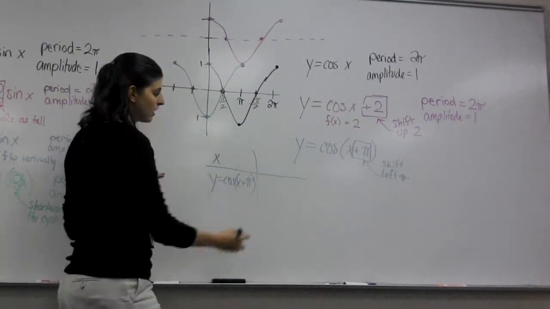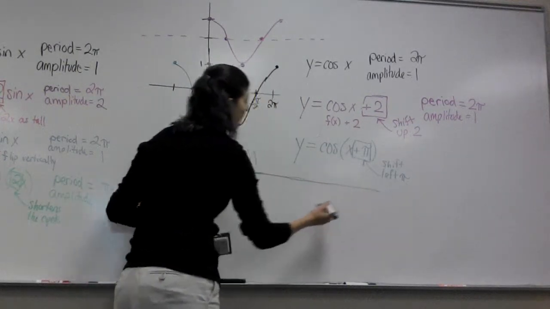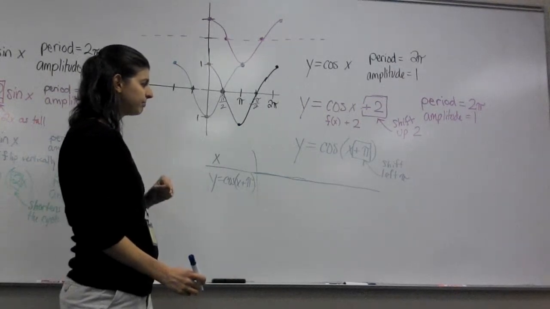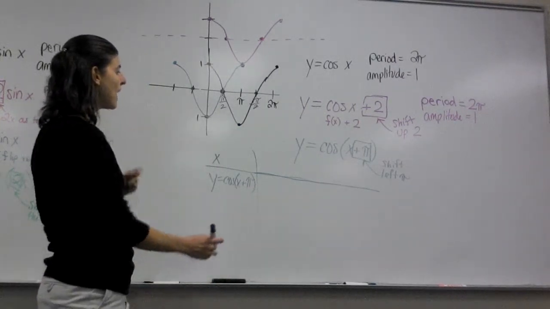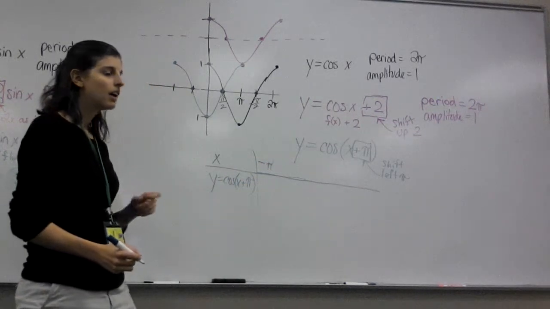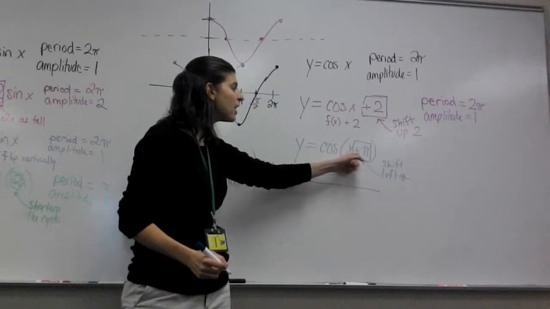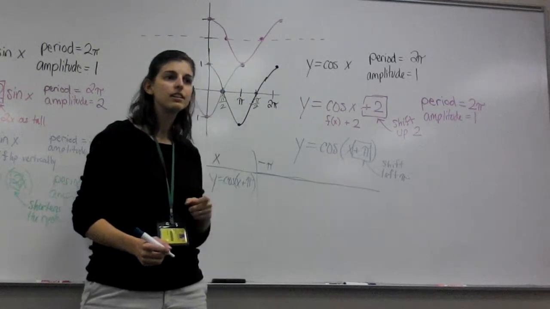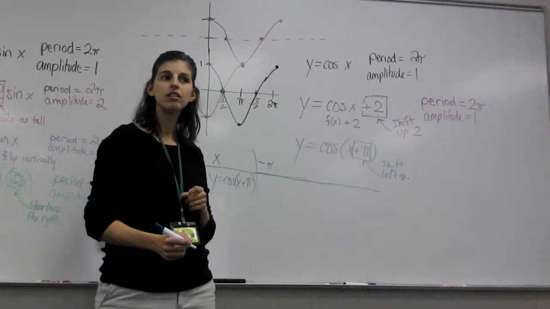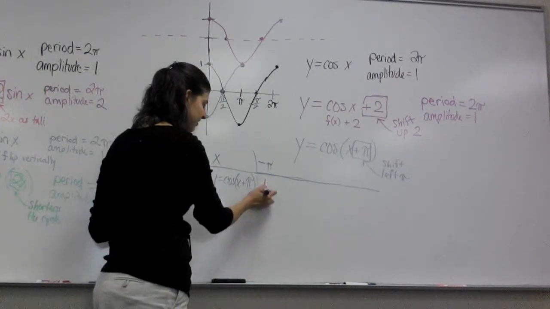let's see. If I plug in negative pi for x, negative pi plus pi gives me 0. Cosine of 0 is 1.